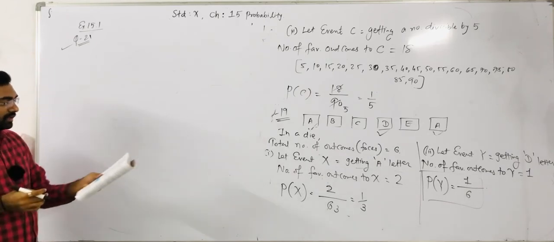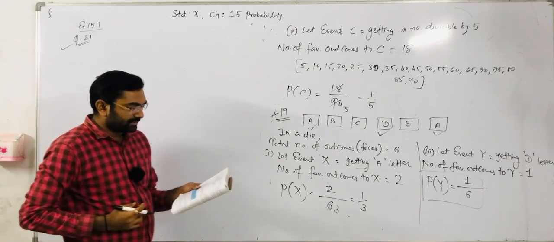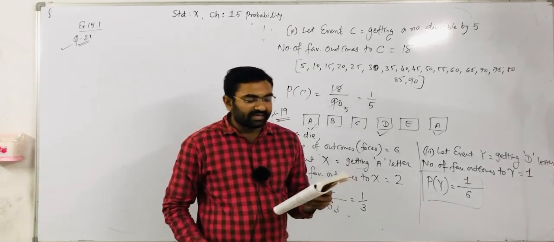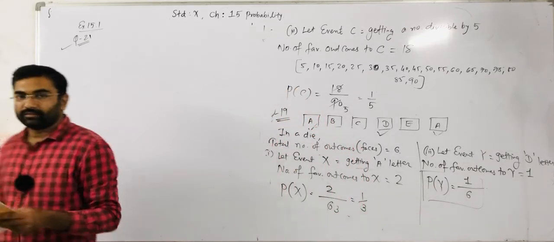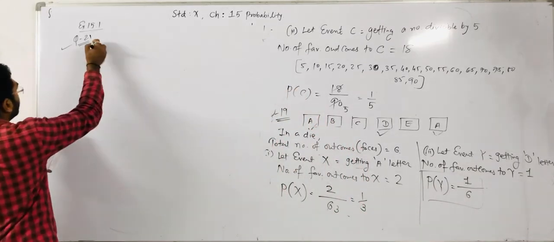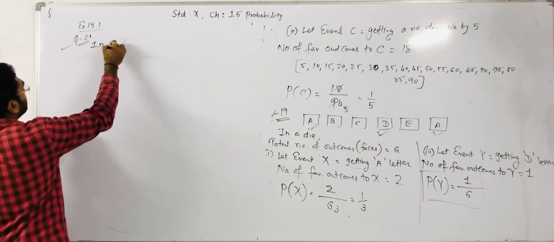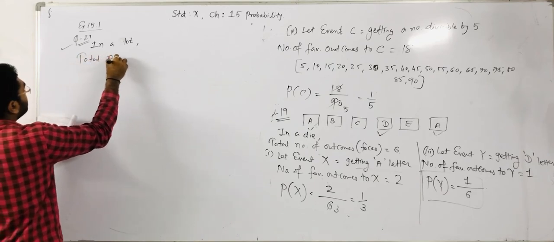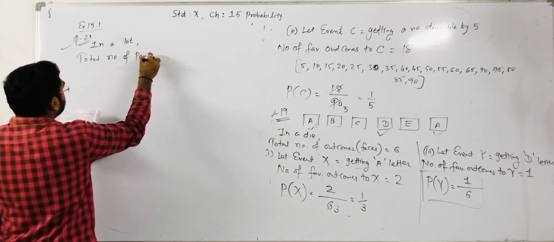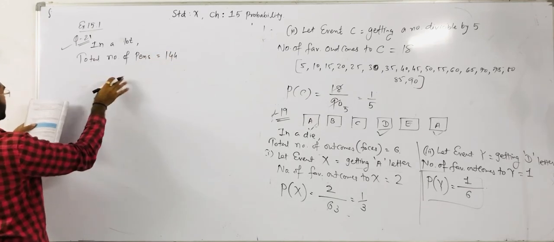A lot contains 144 ball pens, of which 20 are defective and the others are good ones. So in a lot they give 144 ball pens. From the first statement, the total number of pens given is 144, in which 20 are defective.